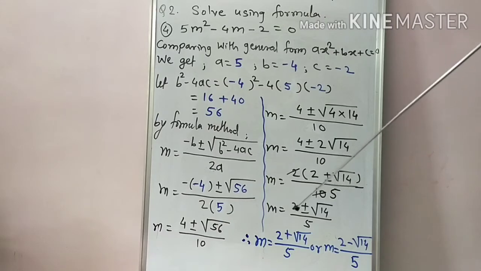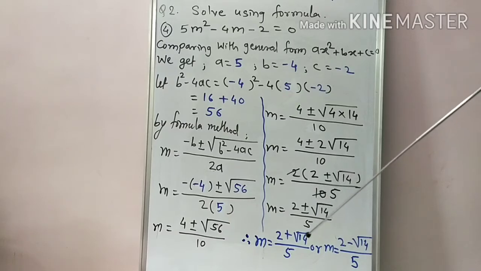Okay, so m is equal to 2 plus or minus root 14 upon 5, and now we separate the plus and minus, so here we get the two roots of the given quadratic equation. Okay, so you have to write all these steps to complete this equation. Okay students, so for 2 or 3 marks, that is the example in the exam.